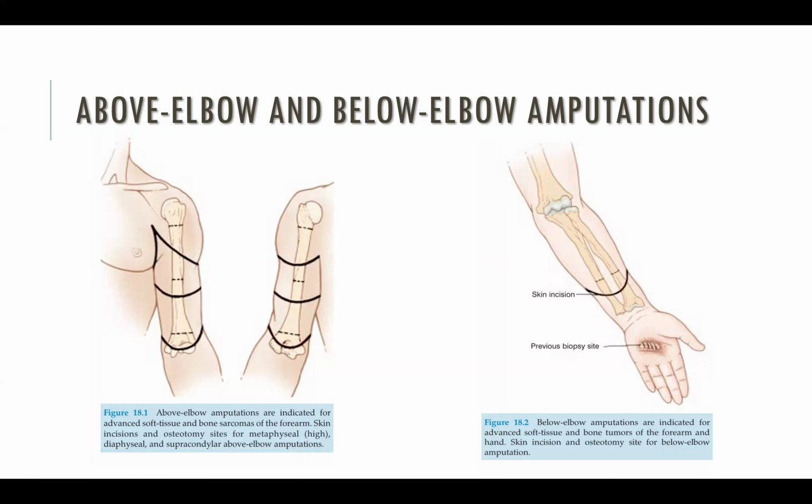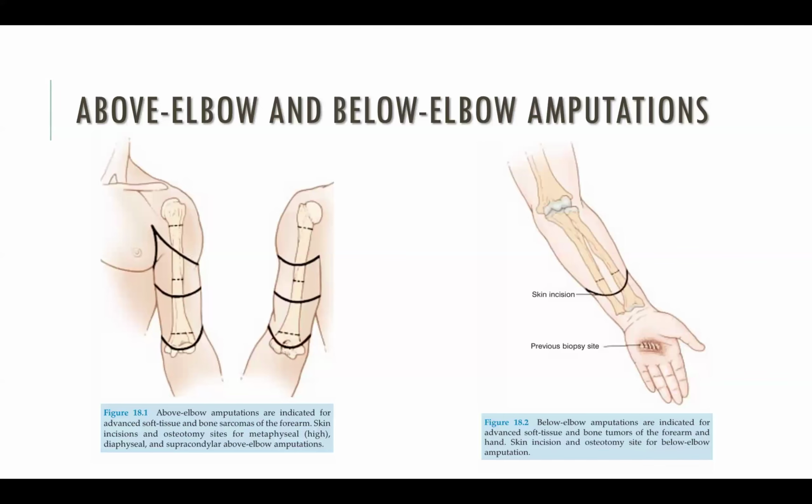What is the type of incision for below elbow? Or are there any variations? Which is the most commonly used incision? I did not check the incisions for the elbow, sir. There are variation incisions, what they've marked there. Yes, sir, but I did not note the names.